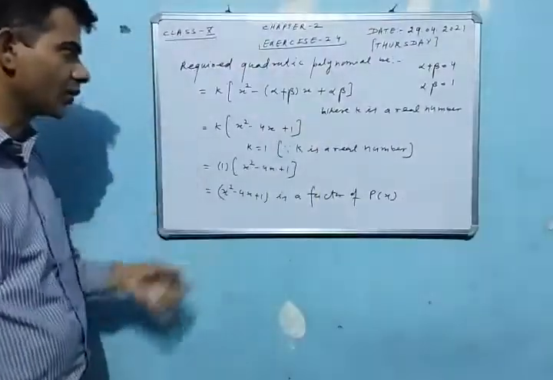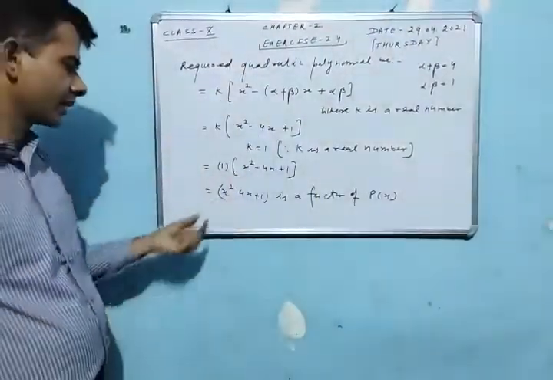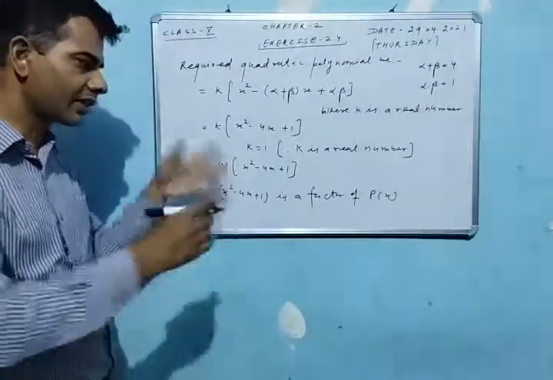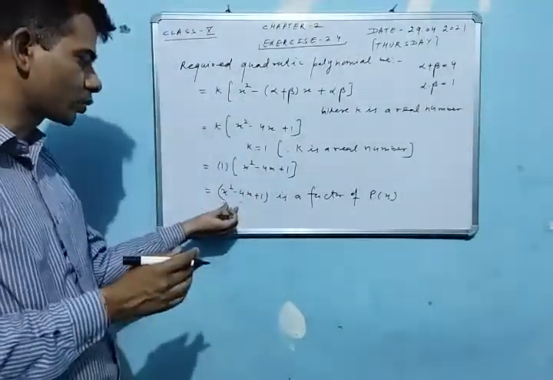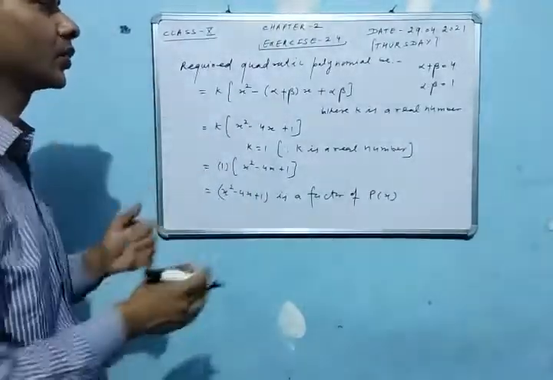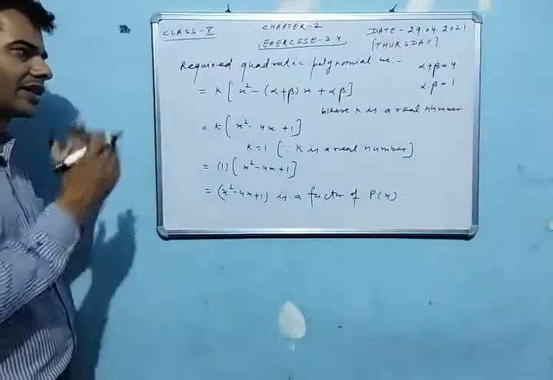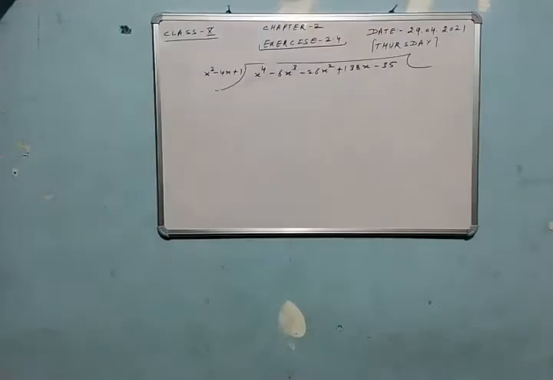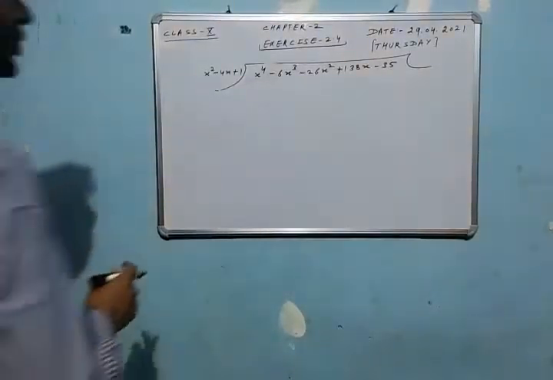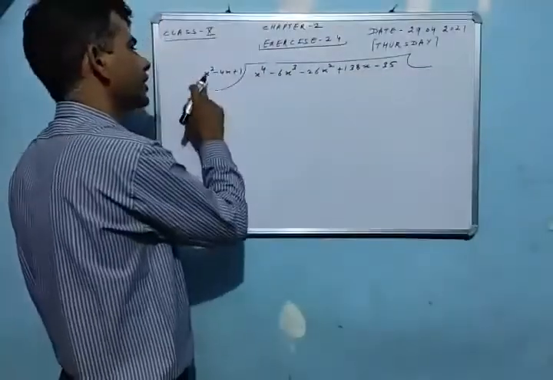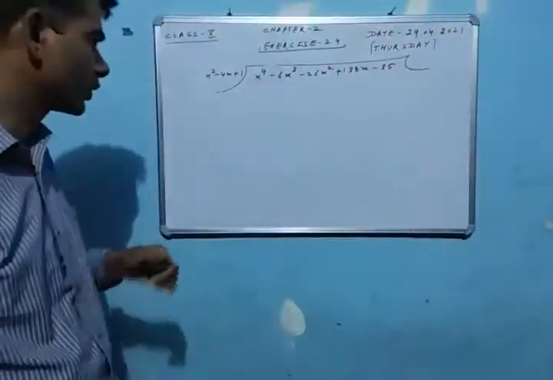Students, now we will divide the biquadratic polynomial by x square minus 4x plus 1. If we divide the biquadratic polynomial by x square minus 4x plus 1, then the remainder will be 100% 0, students. Now we will divide. Students, note it down. In the next step we will divide the polynomial p of x by x square minus 4x plus 1.